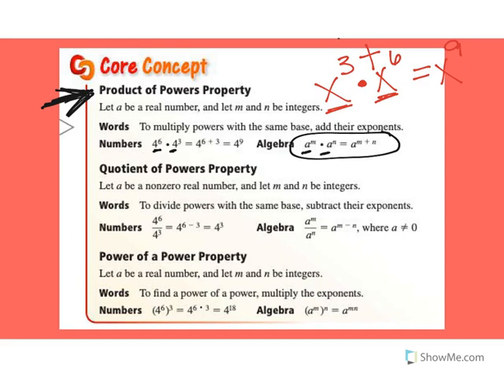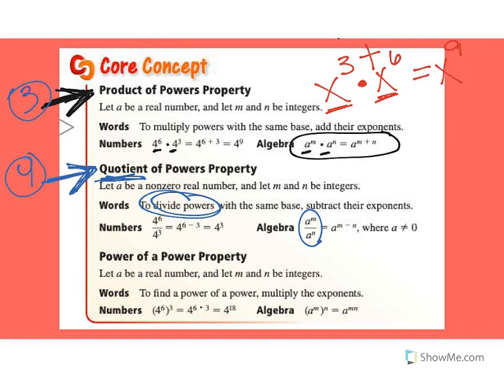Now, in a similar fashion, we've got the quotient of powers property. We'll call this number 3 and this is number 4. So quotient, if you don't remember this from like 2nd grade, that's division. We're going to divide our powers, meaning we have a fraction.